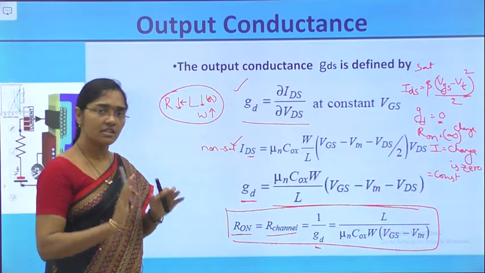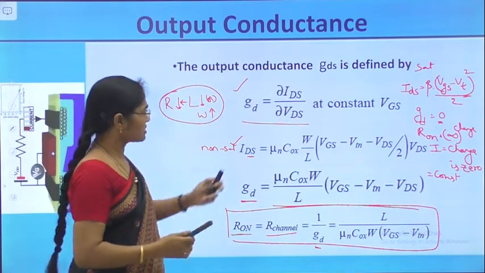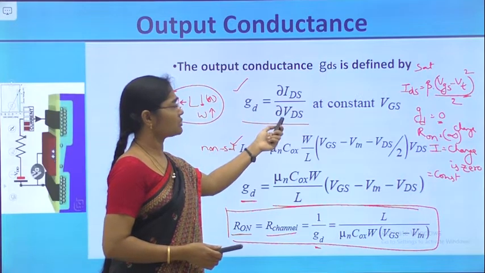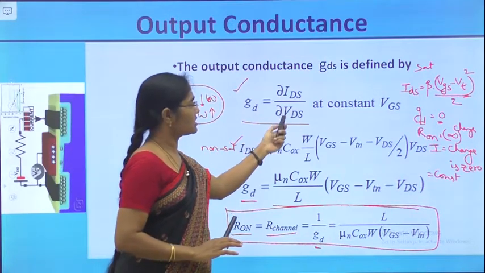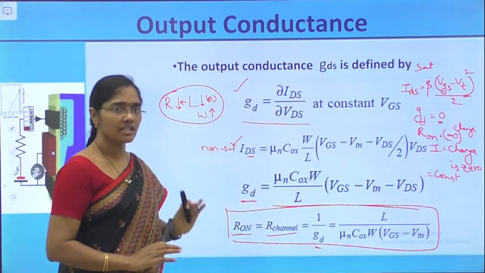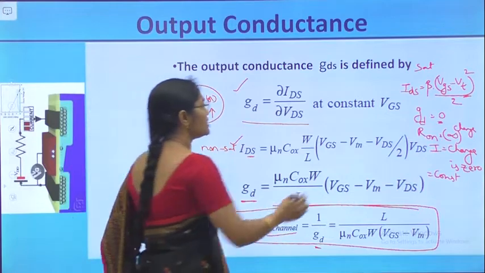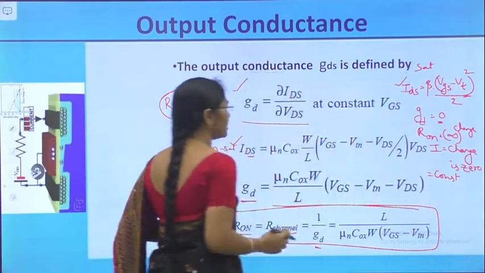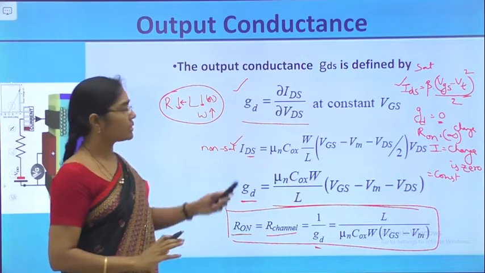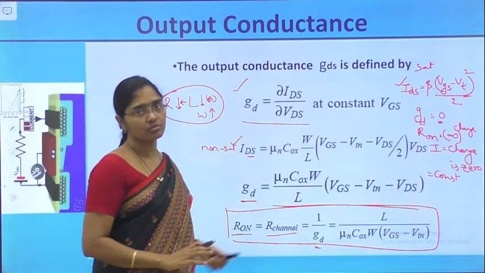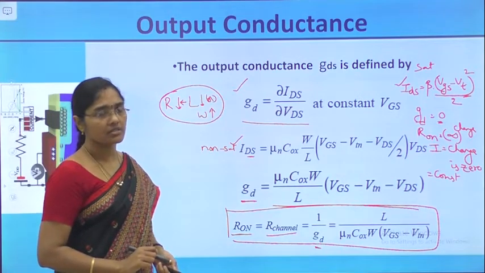If I find GD in the saturation region, it is equal to 0. That means the change in IDS with respect to the change in VDS is 0. Even though VDS is changed, there is no change in the IDS value. It means IDS is constant. So in the saturation region, we can define that the transistor is acting as a constant current source by using this GD expression also. So, this is about output conductance.